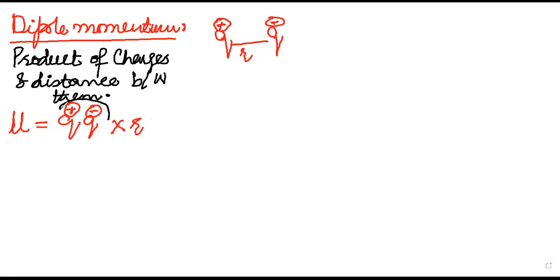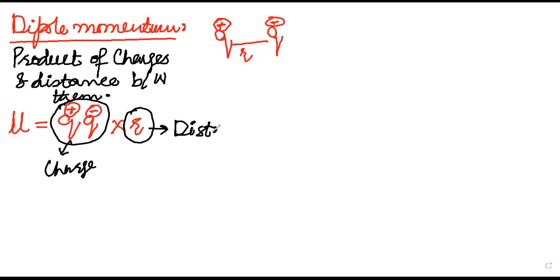As you know, there are the charges, and that is the distance between them. This is our distance between the charges. I hope you can clearly understand the definition of dipole moment.